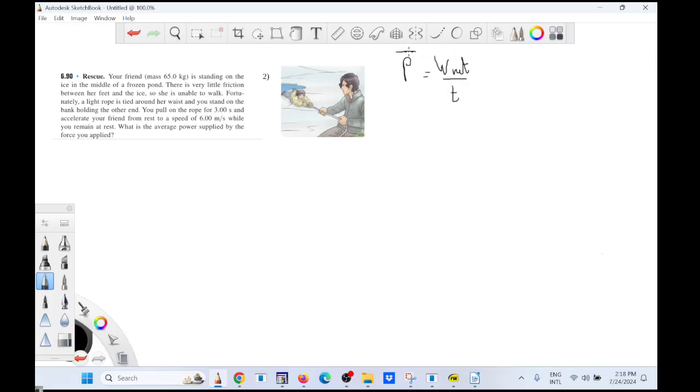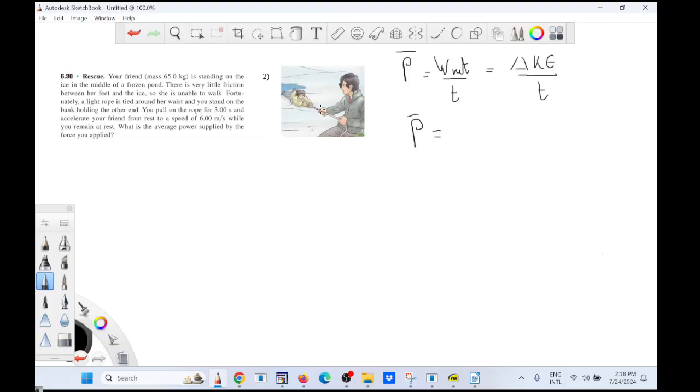And I put here a bar, so it's the average power. And you can use the kinetic energy work theorem. The net work done on a system is also its change in kinetic energy, and here you have the time. Or you can say that the average power.